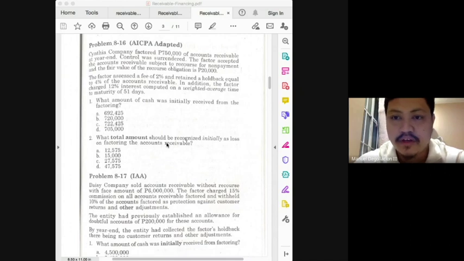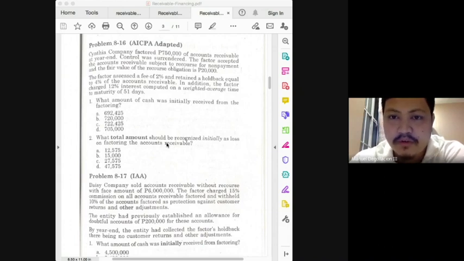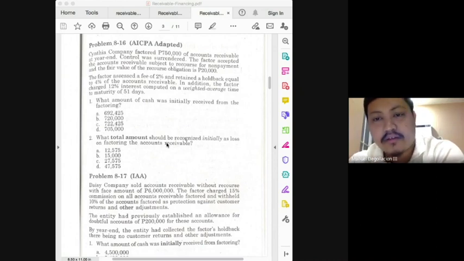First question here, how much cash is received? So we factored 750, but what are the deductions? First deduction would be the factor's fee of 2%, and then we have a holdback of 4%. So all in all, that's 6% deduction from our proceeds. So 6% times 750, that will give us 45. But aside from the 45, the fund provider is also charging us with interest.